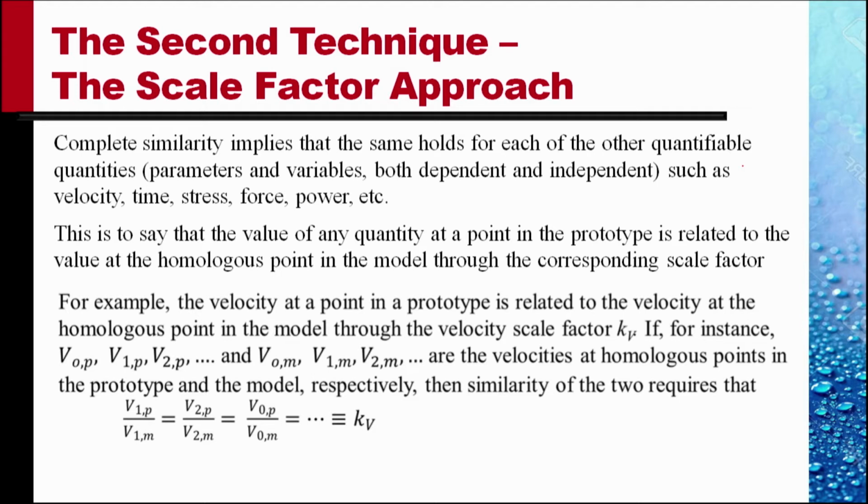If, for instance, V0P, V1P, V2P, and V0M, V1M, V2M are the velocities at homologous points in the prototype and the model respectively, then similarity of the two requires that V1P over V1M is V2P over V2M, and so on, all equal to Kv, the velocity scale factor.